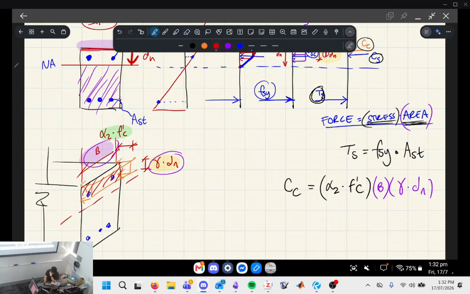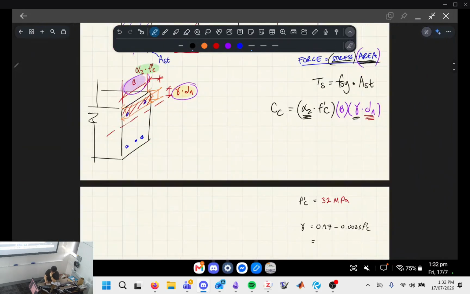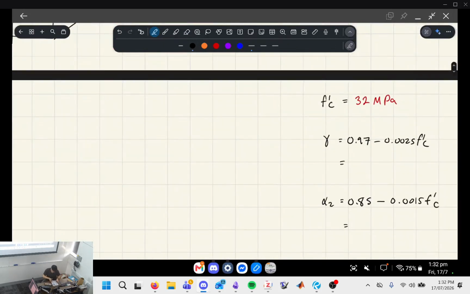In terms of unknowns, we've actually only got dn, because AS3600 gives you these two values, alpha 2 and gamma. For example, if you've got 32 MPa, this is the formula, and you just chuck in 32, and you can compute that gamma is like 0.89 and alpha 2 is 0.8, for example.